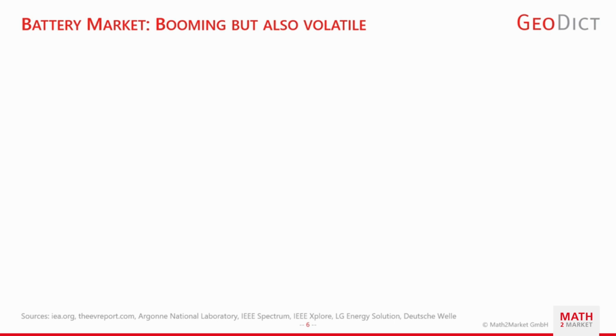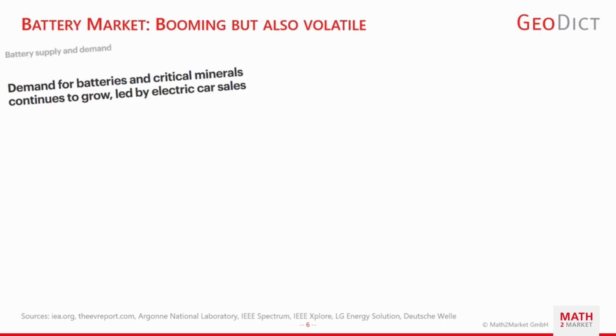And this market is booming. So I just looked up some headlines of the past month. And then you can see there is a lot of news going on. So the demand is growing, but also the materials used in the battery are sometimes critical.